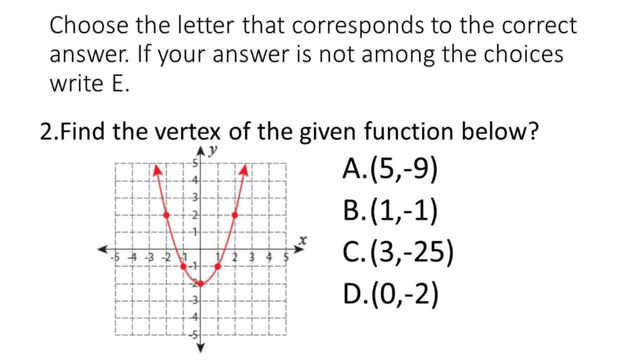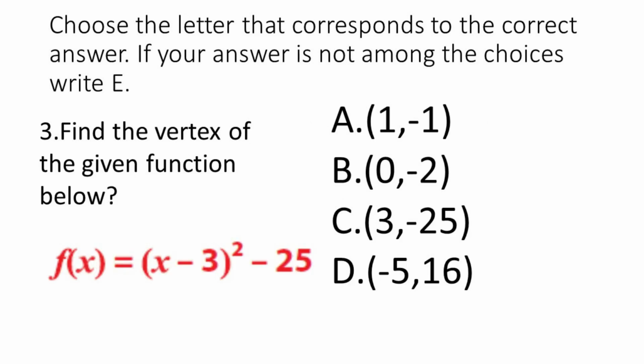Number 2. Find the vertex of the given function below. Letter A, 5, negative 9, B, 1, negative 1, C, 3, negative 25, and D, 0, negative 2. Number 3. Find the vertex of the given function below.